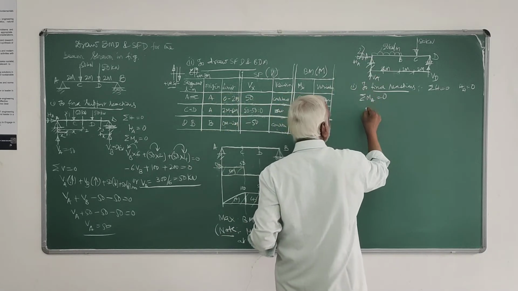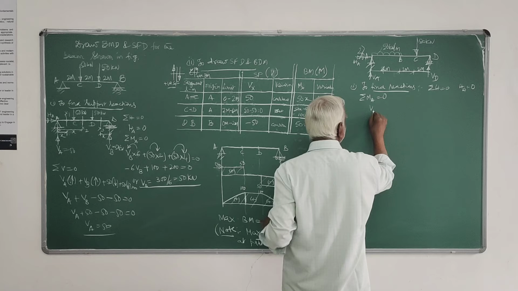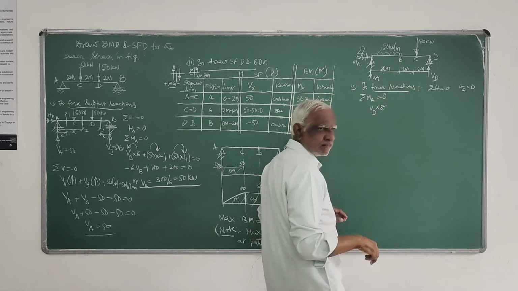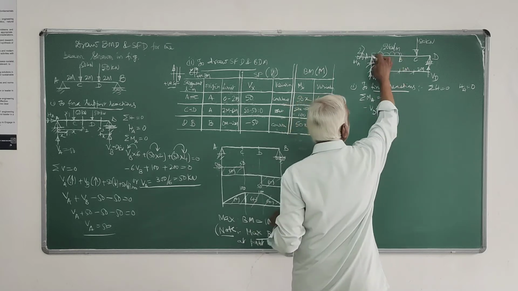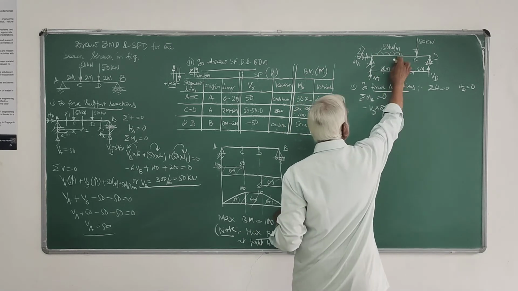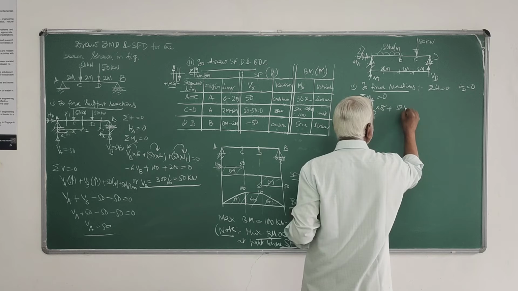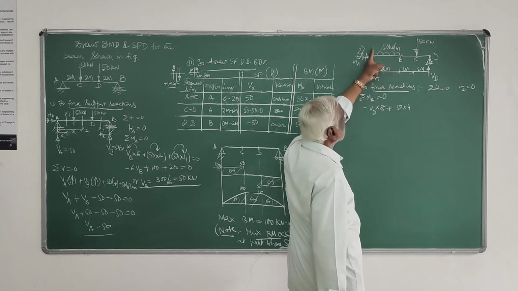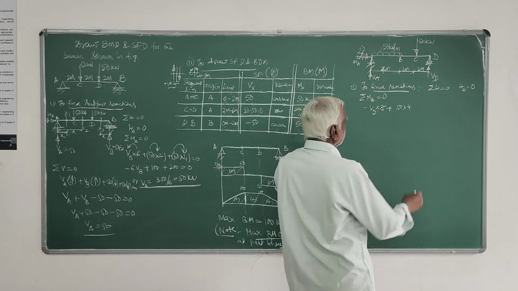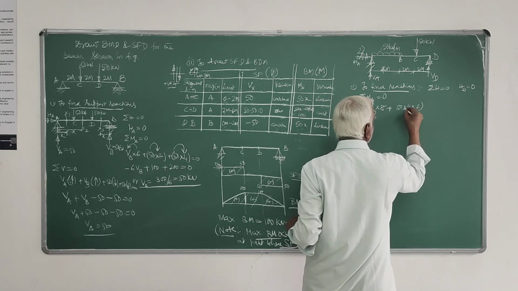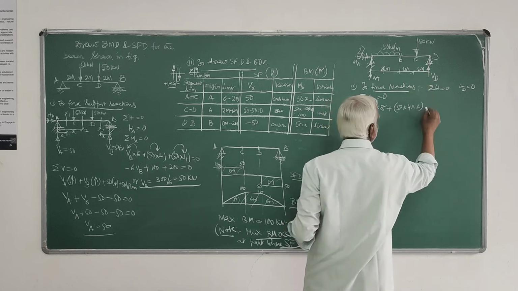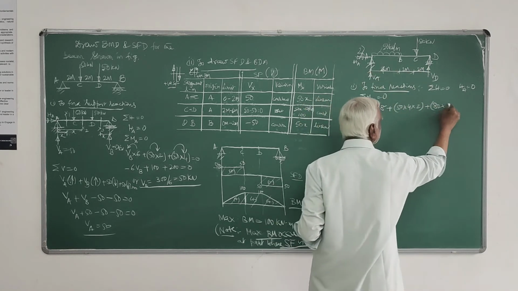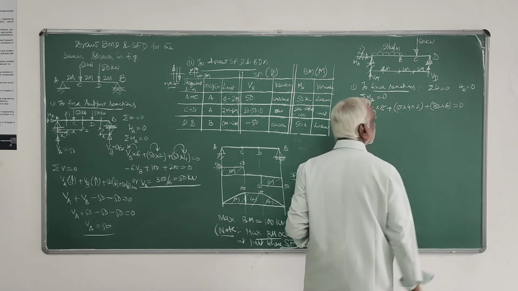If you take moment about A, you will get VD into 8, which is anticlockwise, which is negative. Due to the 50 into 4 load, acting exactly at the center, at a distance of 2 meters from A, this is into 2. Then due to 80 into this distance, 6, is equal to 0.